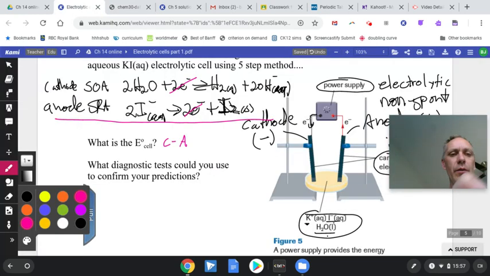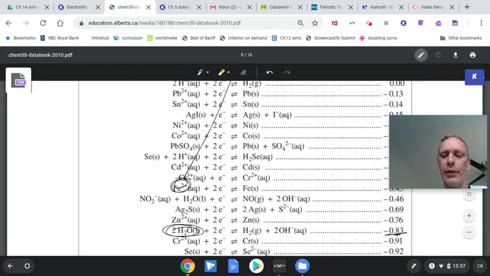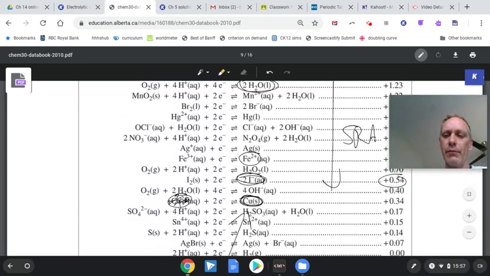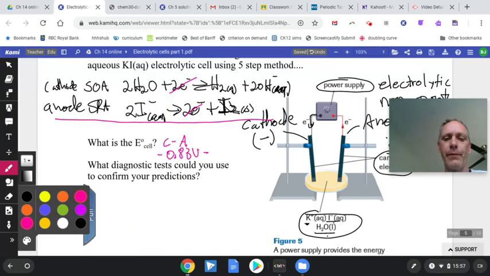So cathode, negative 0.83, minus anode, positive 0.54.